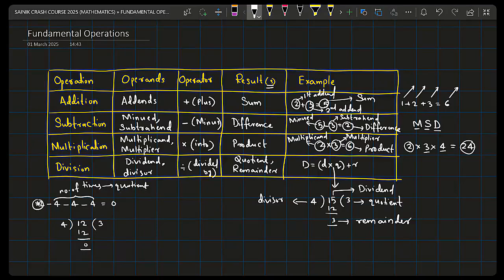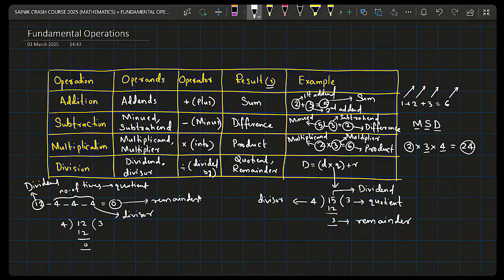And the number from which we subtract is called dividend. And the number which is getting subtracted every time is called divisor. If anything is left at the end, that is called remainder. So this is the relation between subtraction and division.